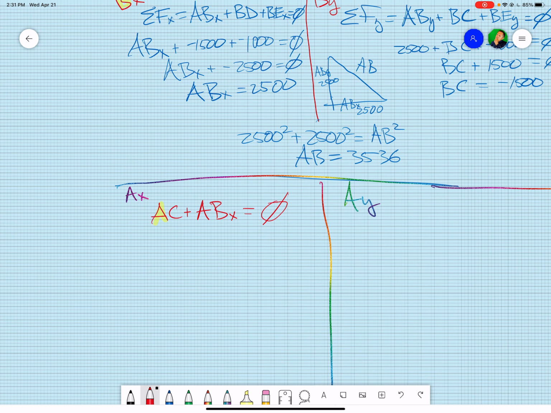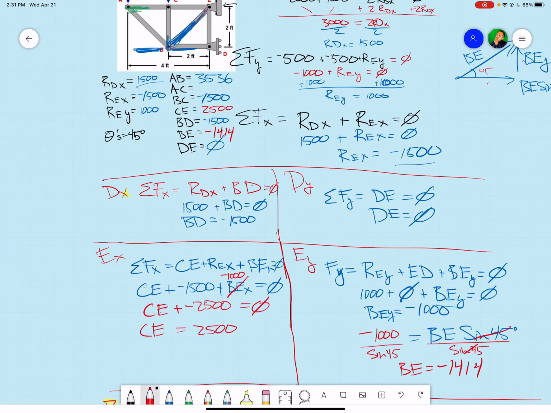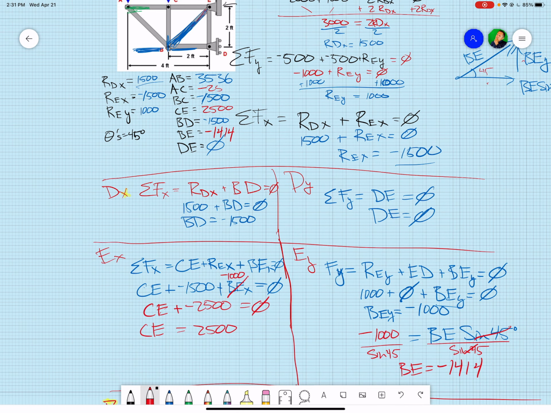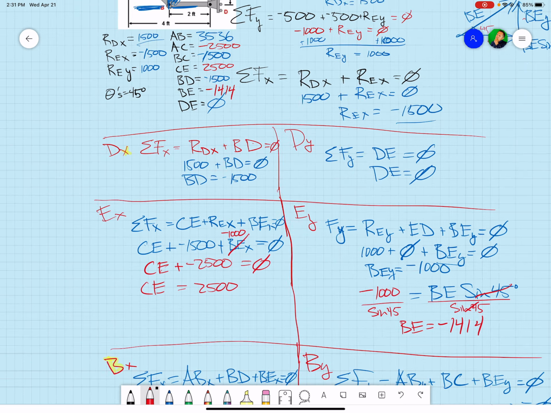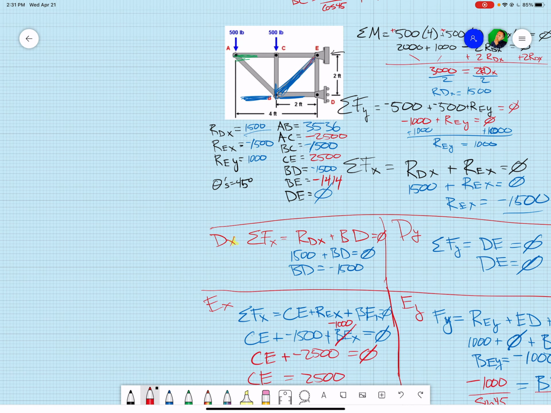Well, we already know ABX is 2,500. So we have AC plus 2,500 is equal to 0. Therefore, AC is equal to negative 2,500. Ta-da! We don't need to go into the other steps. We are good to go.